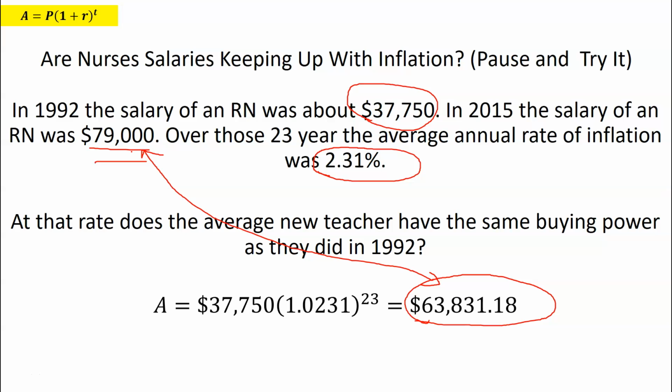The baby boomers are retiring, they're getting older, they're going to nursing homes, they're getting sick, they're going to hospitals, and the demand for registered nurses has gotten huge. Supply and demand. When the demand goes up, the price goes up. So nurses can negotiate for higher salaries because their services are so much in demand. So they've more than kept up with inflation.